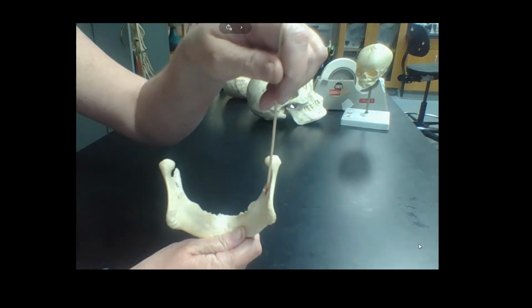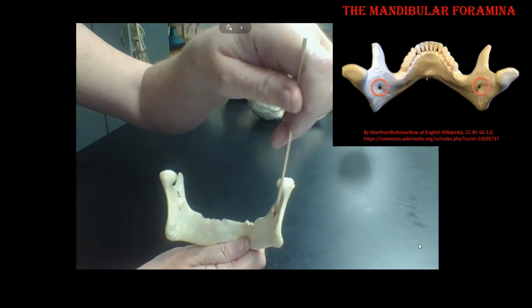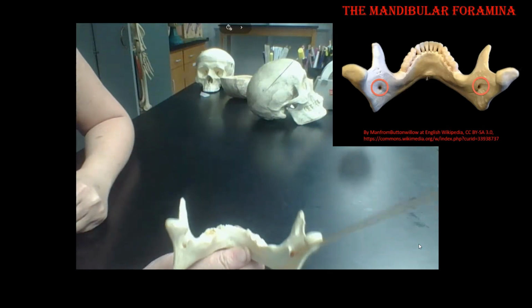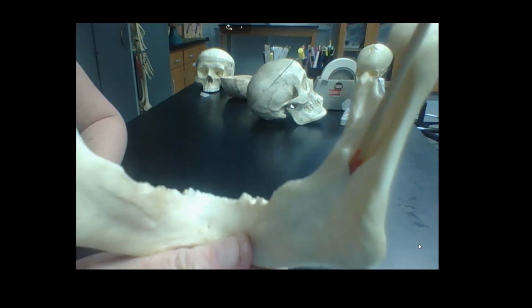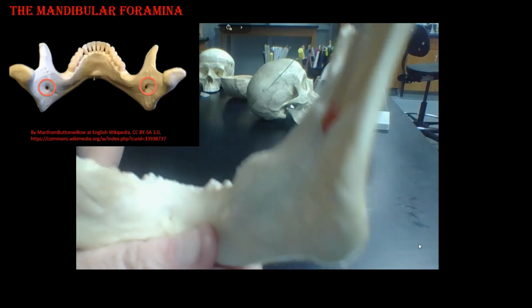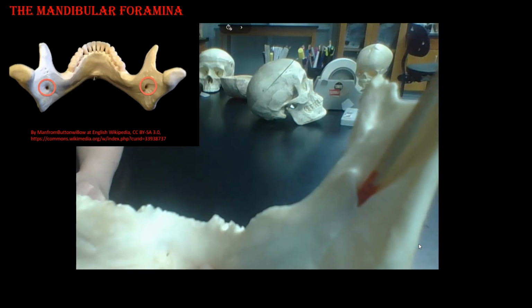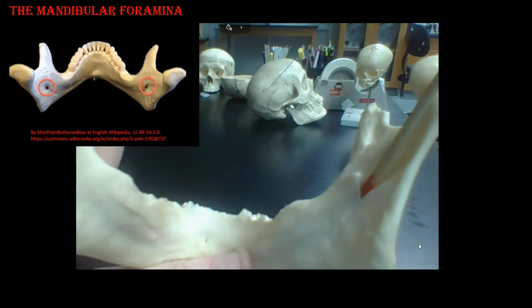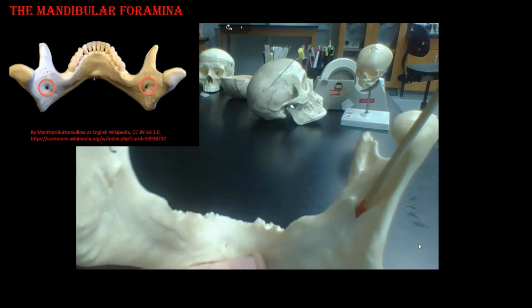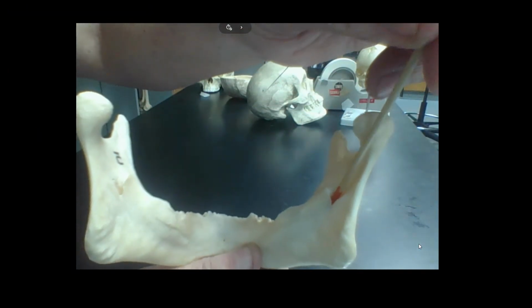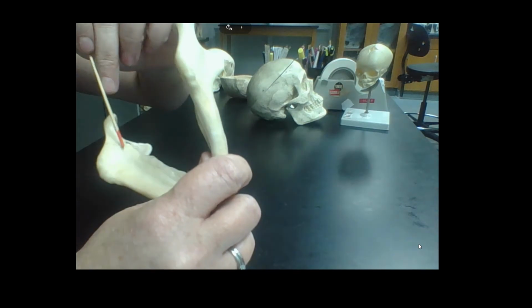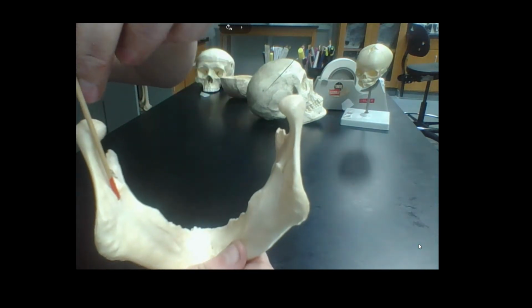So if you look at an angle, actually, I can even put my stick right there. So that's kind of nice. All right. So this is the mandibular foramen. Okay, you have one on either side. So there's one there. So they kind of go at an angle.